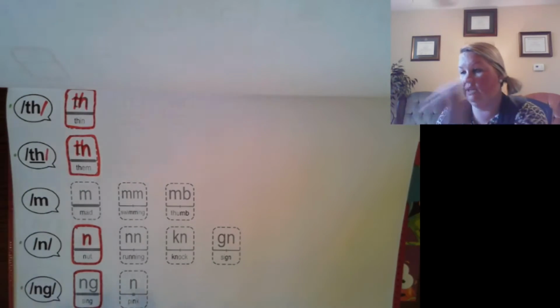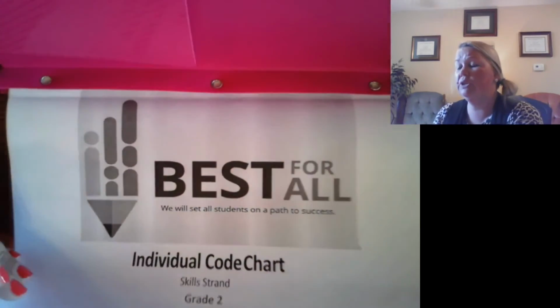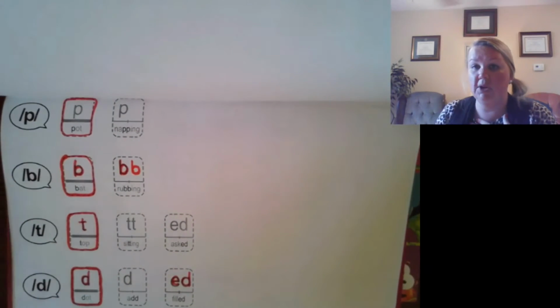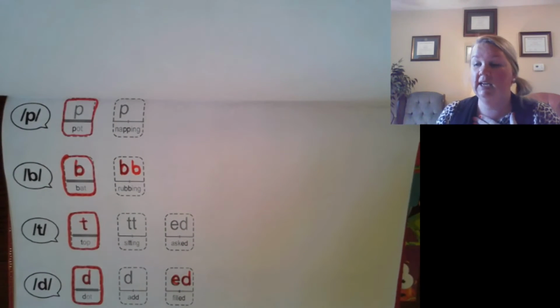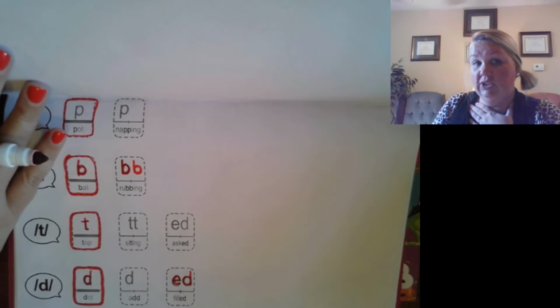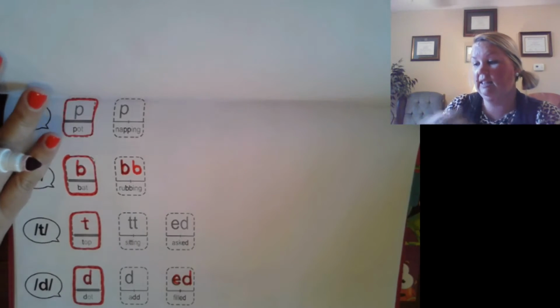Okay, so I want us to go through our entire code books, the ones that we have coded ourselves in red, because those are going to be the ones that we are responsible for when we chain, when we do dictation, and when we read. Anything in red that we've already gone through is something you're going to be responsible for knowing.